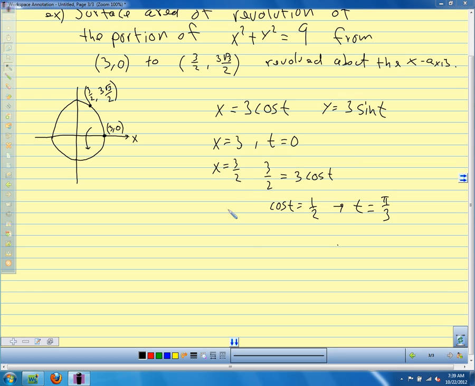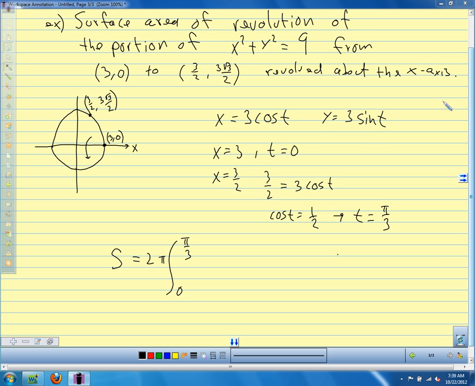So now I'm just going to plug into our equation for our surface area, S. It is going to be 2 pi times the integral from 0 to pi over 3. Our radius of revolution is, what about our y-axis? 3 sine t, it's y.